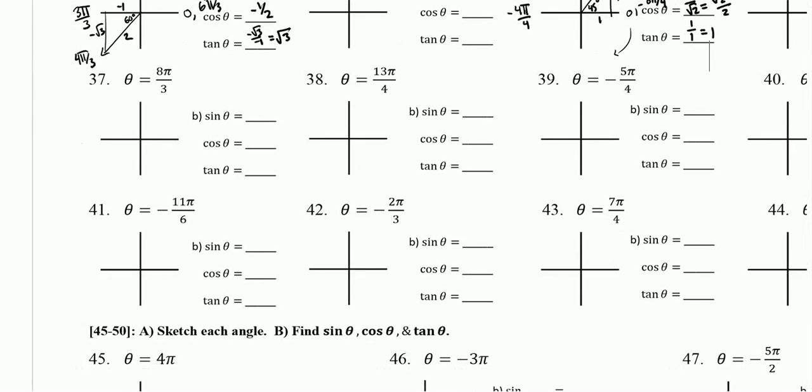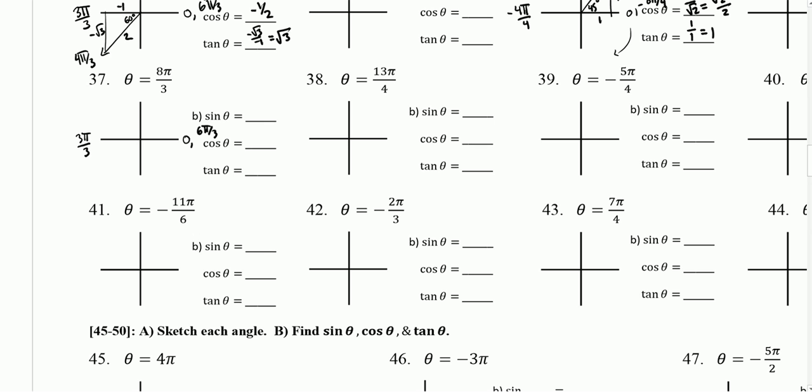37, 8 pi over 3. Here's 0. If we keep going around the circle, we got 3 pi over 3 here. Keep going, 6 pi over 3.